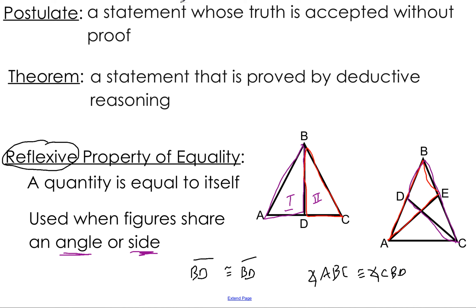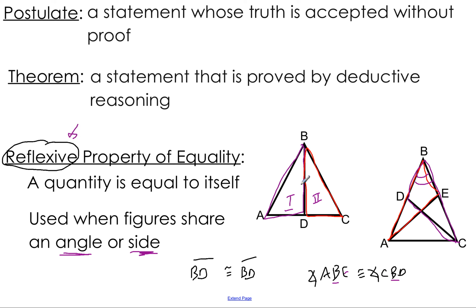Notice that B is in the middle in both of these triangles, so B is being shared by both triangles. So I would say angle ABE is congruent to angle CBD, and the reason, of course, would be, as you guessed it, the reflexive property.